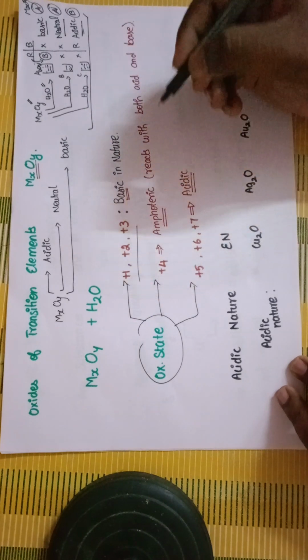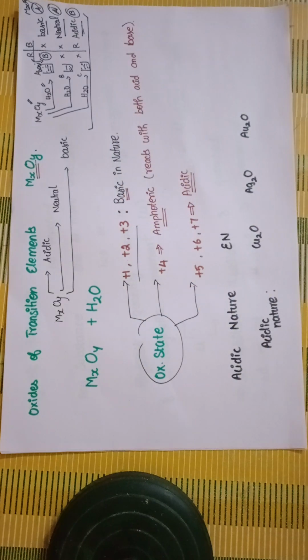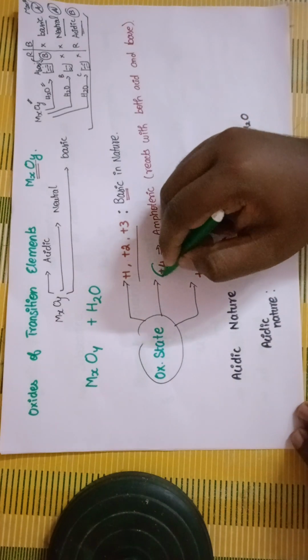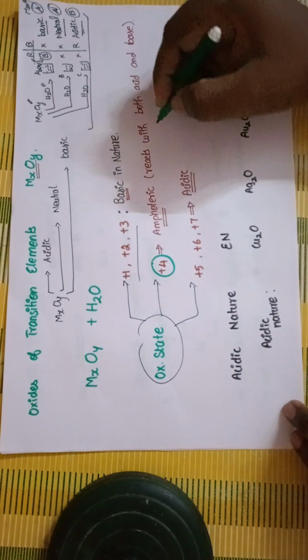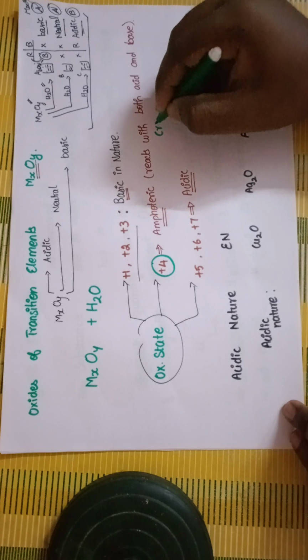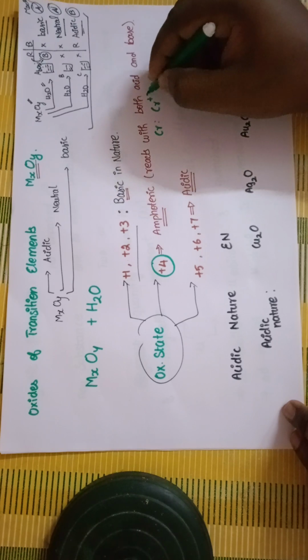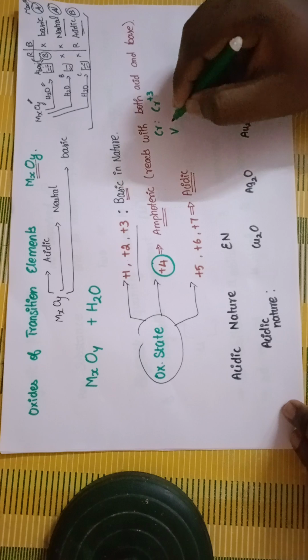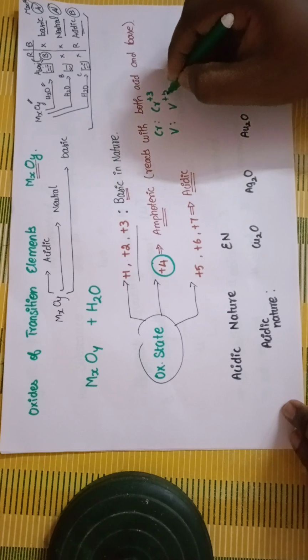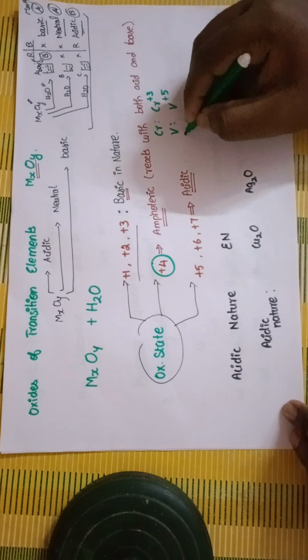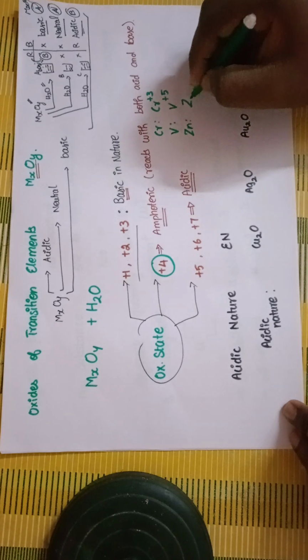Those are amphoteric. In that, particularly what we need to know is that +4 is general, but chromium +3 is amphoteric, vanadium +5 is amphoteric, and zinc +2 is amphoteric.